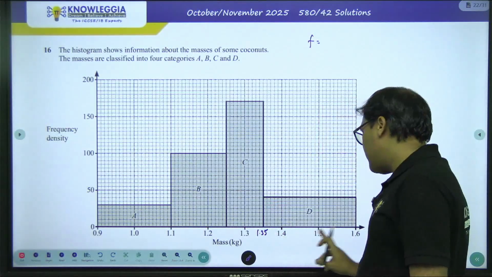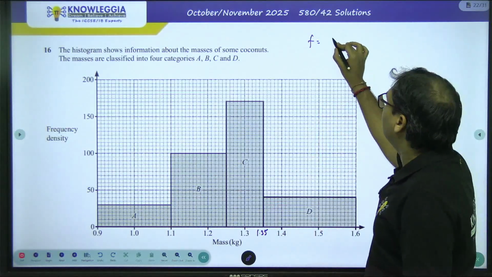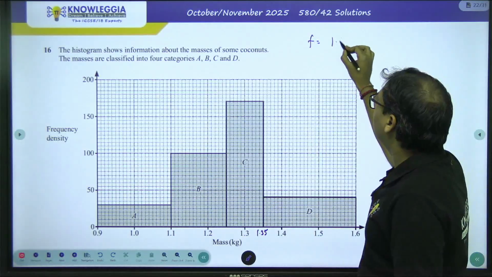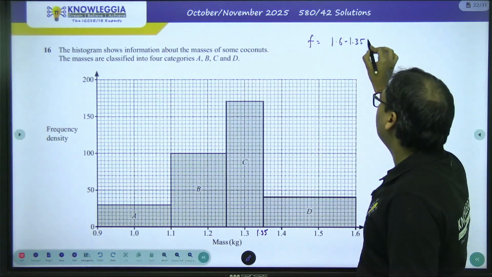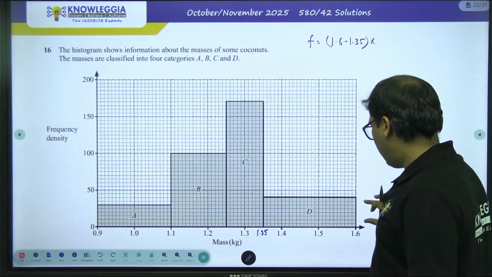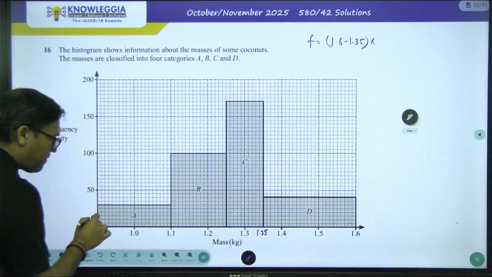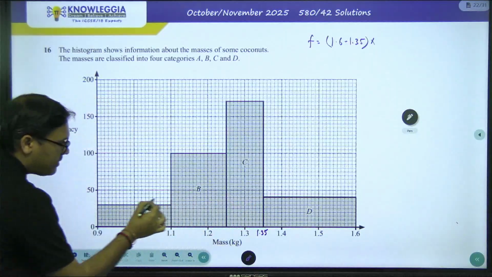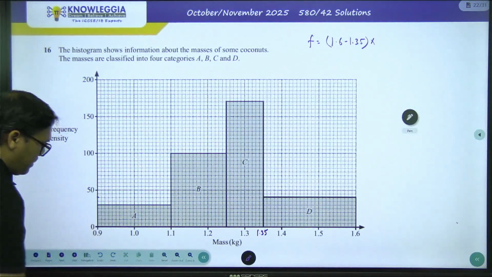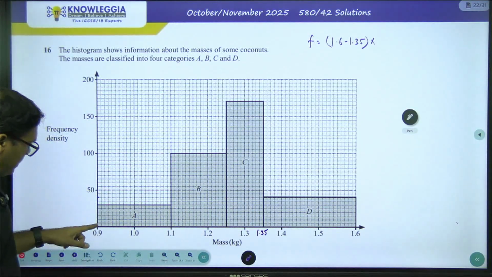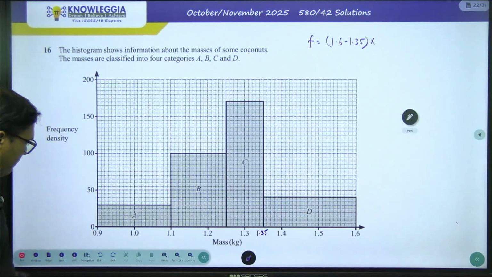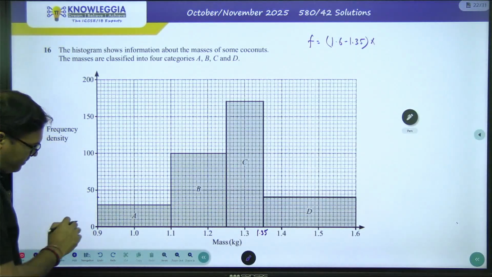So this is 1.6 minus 1.35. That is the base. And what is this length? This length is somewhere here. Now let's see what this is. There are 10 and 5, so every block is 5. So this will be what?